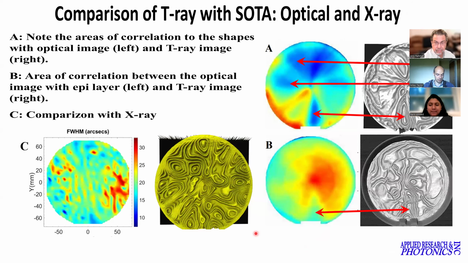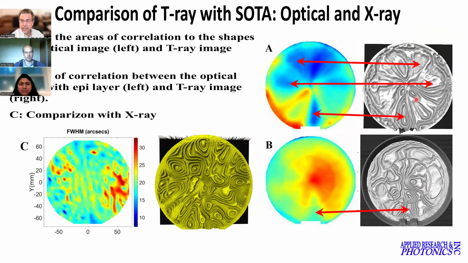So what are the other techniques? Right now, the techniques are optical. This A and B are the optical images of the same wafer whose T-ray image is on the right side. So as you can see, the T-ray is seeing all the things that optical is not able to see.